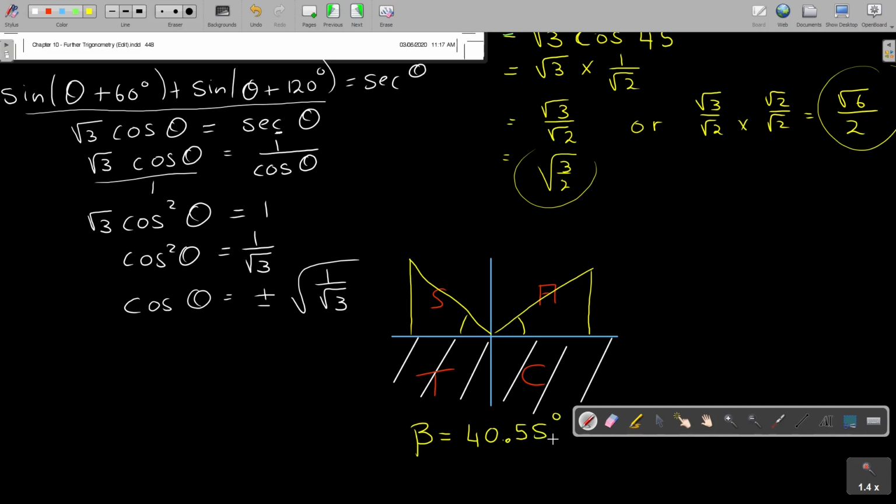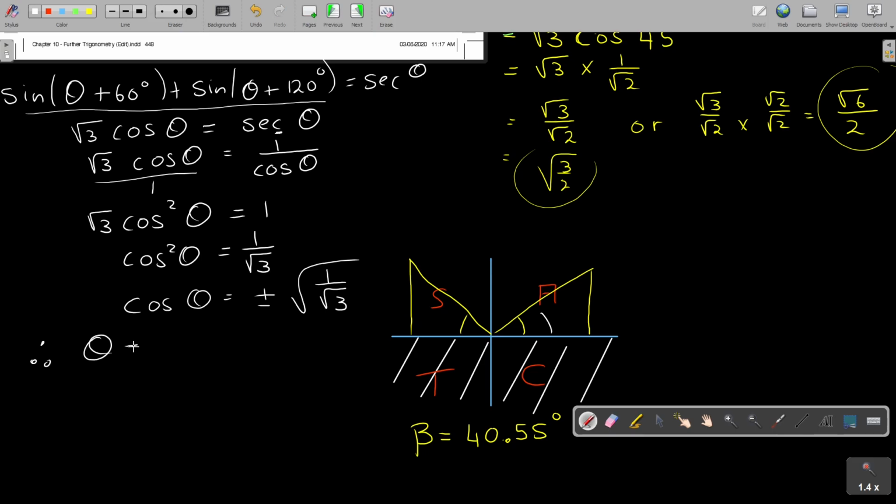Okay, 2 decimal places so that your final answer is correct to 1 decimal place. Now I'm going to say, therefore, theta can only be in this one and this one. I just want to say, make sure that your calculator is on degrees before you press this.